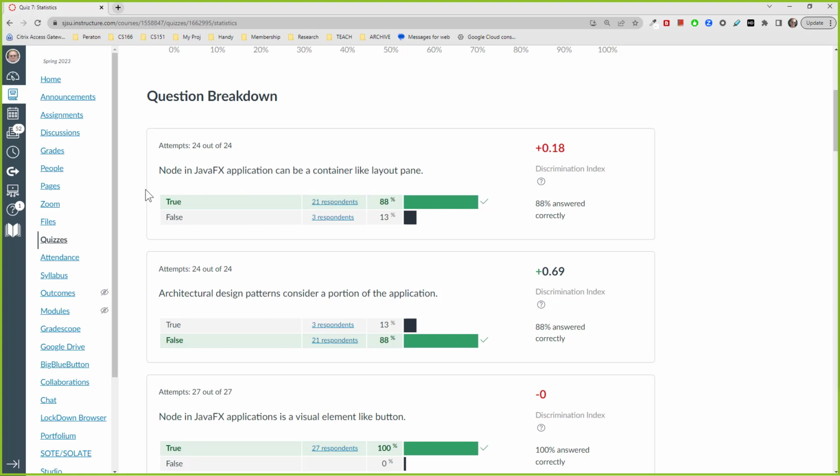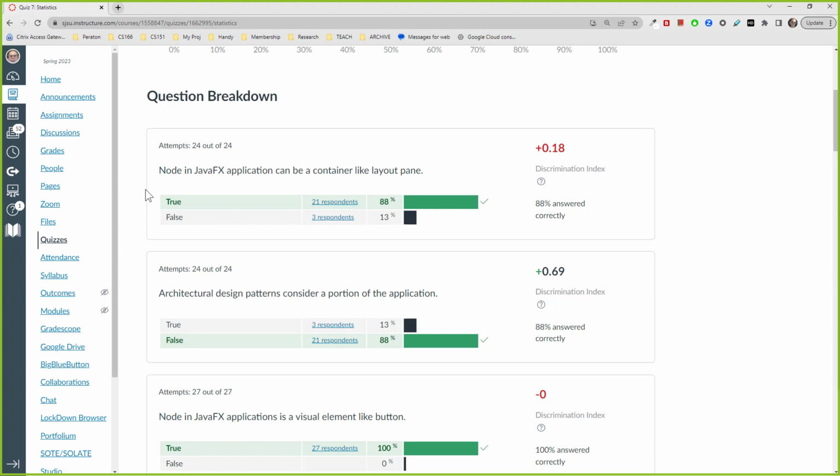Also, when I was talking about the composite design pattern, you remember I took this example. I said the container is a node, even though it can contain other nodes. That was the concept of the composite design pattern.